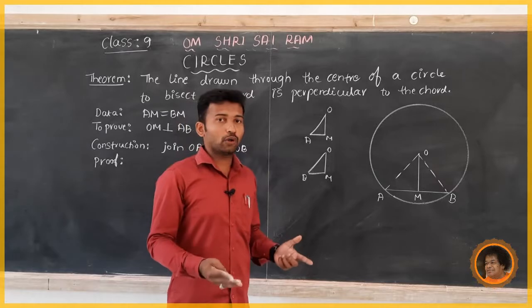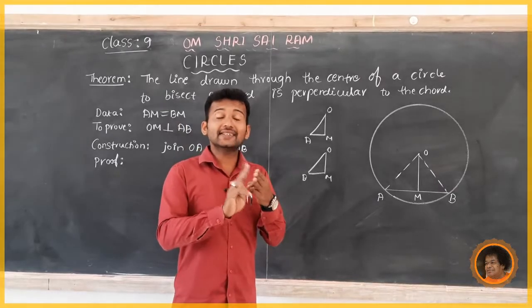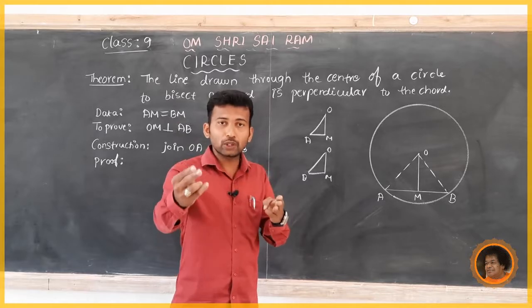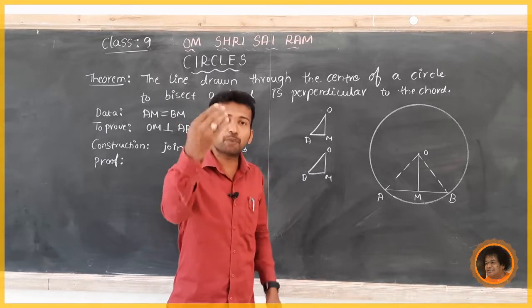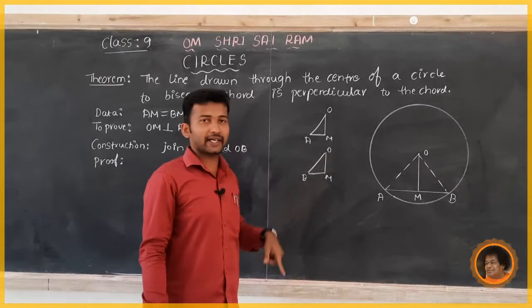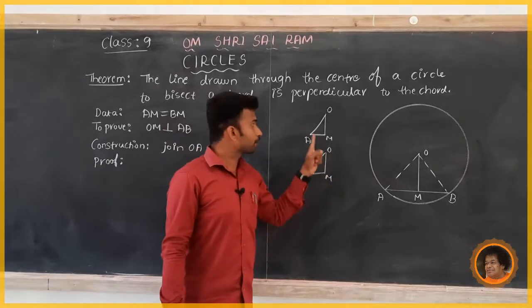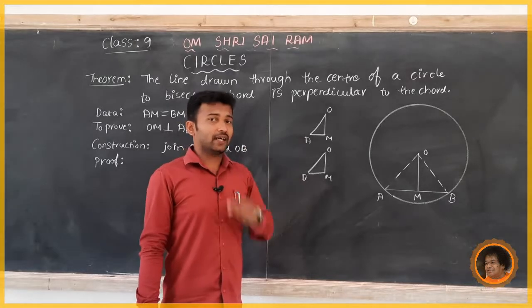We have to prove that any three elements of a triangle are equal to the corresponding three elements of the second triangle. Yes, let us start. What is the data given?